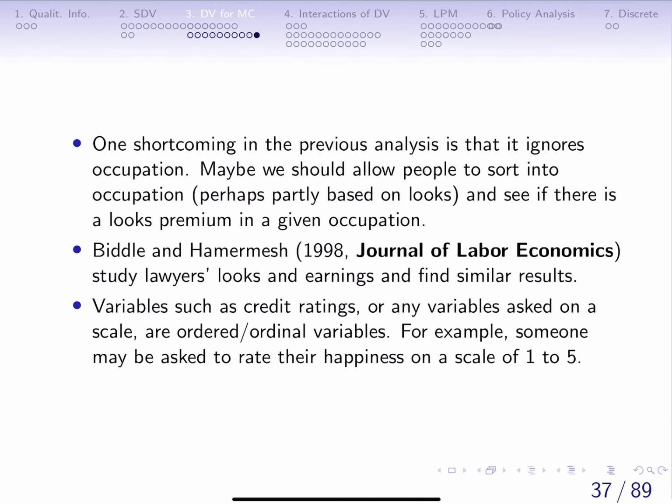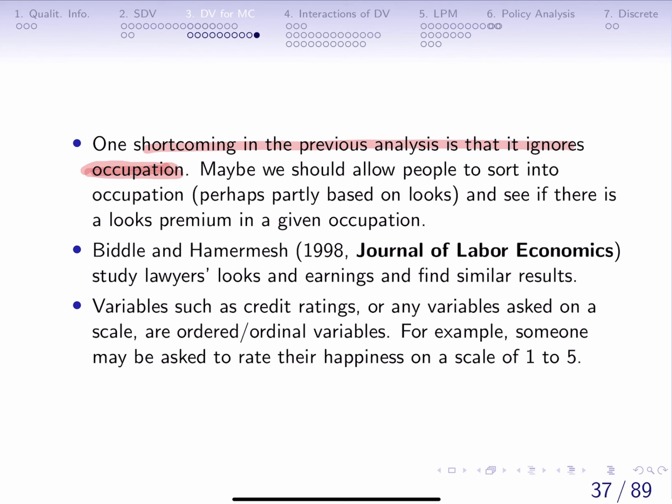Okay, so one shortcoming in the analysis that we have is that we're not really controlling for occupation, right? If we were looking at, let's say, supermodels, or the modeling industry, we would have a pretty good reason to assume that looks plays a role for wages.